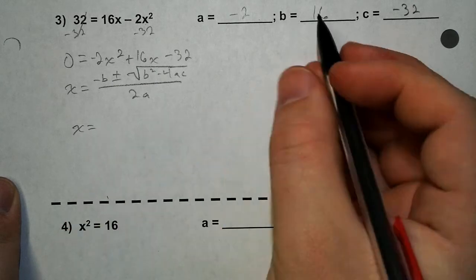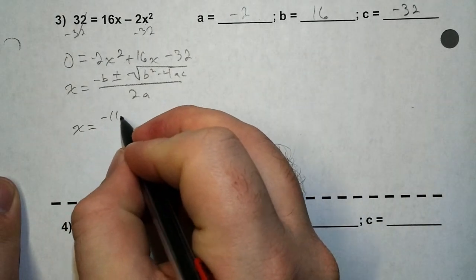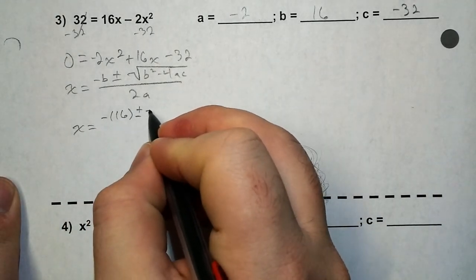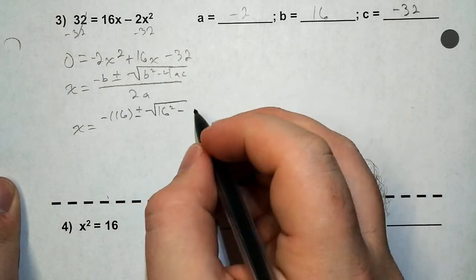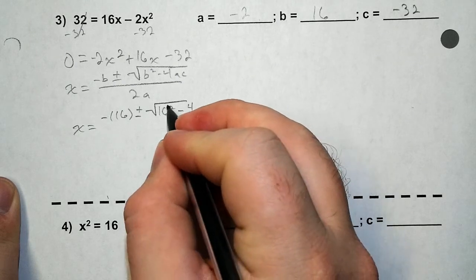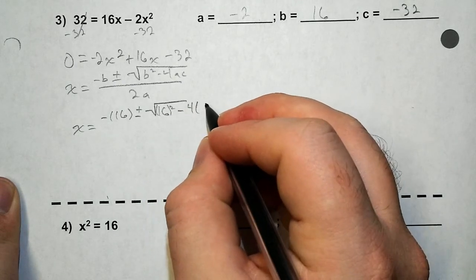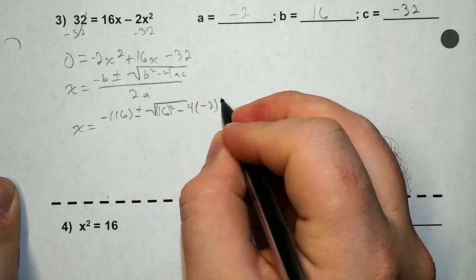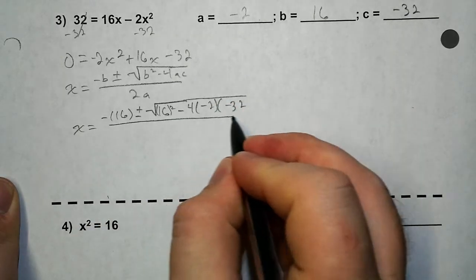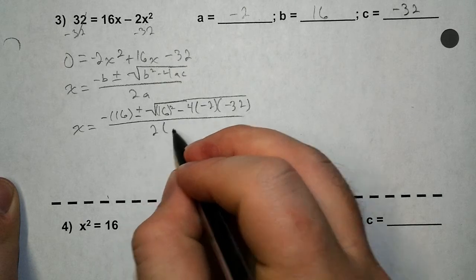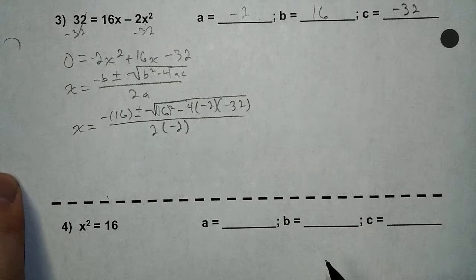So x will equal negative of 16 plus or minus square root 16 squared minus 4 times a, which is negative 2, times c, which is negative 32. And all of that is over 2 times a, which is negative 2.